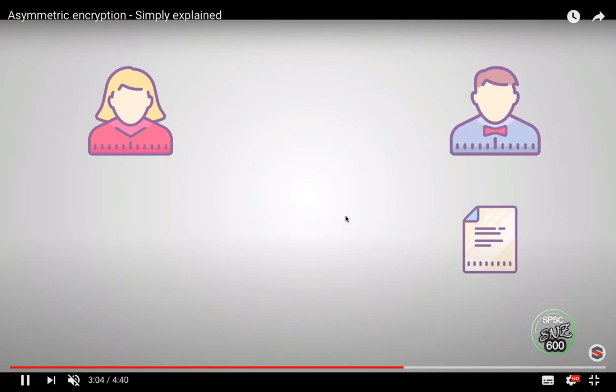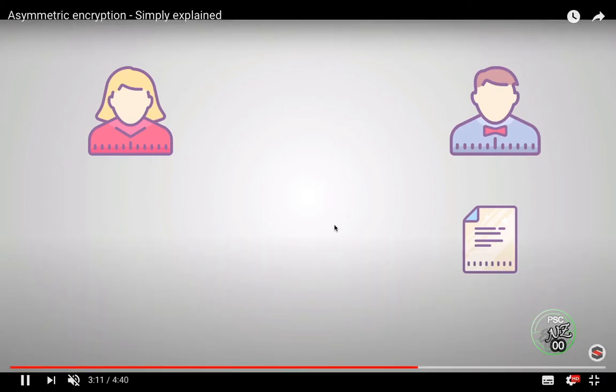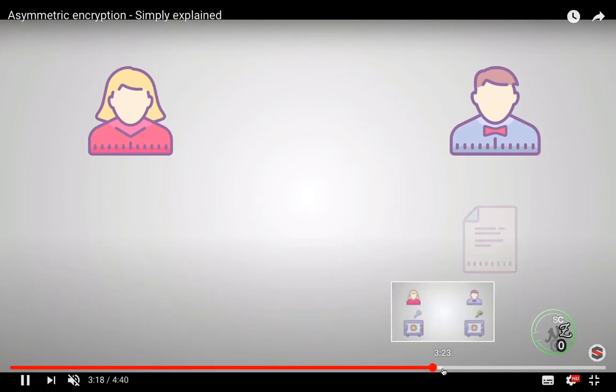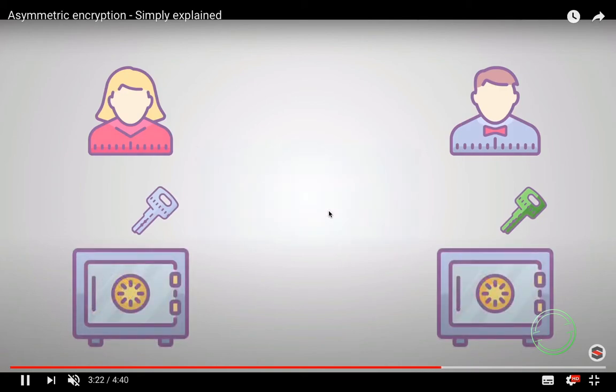So in this way, asymmetric encryption is safe, and every user needs to keep their private key very securely, so that the message can be transferred securely over the internet.